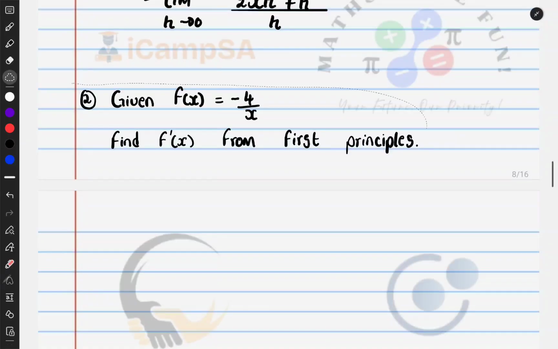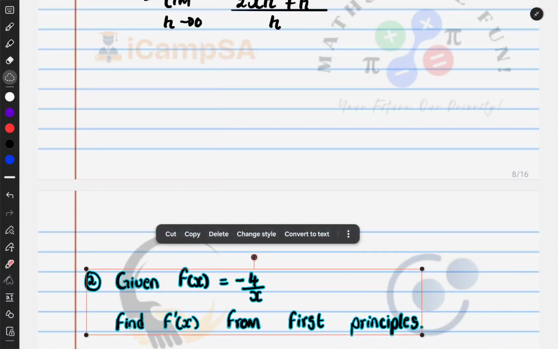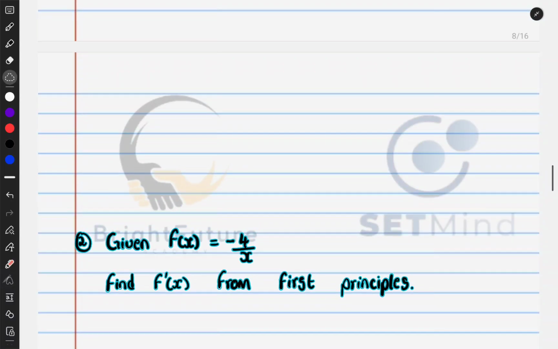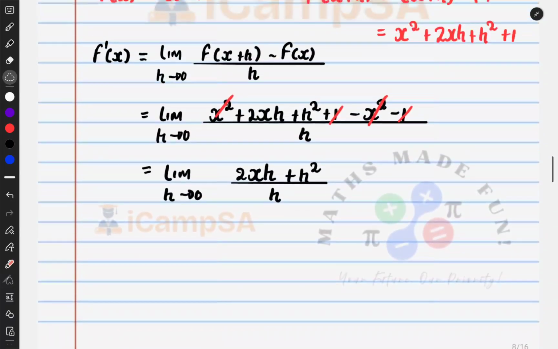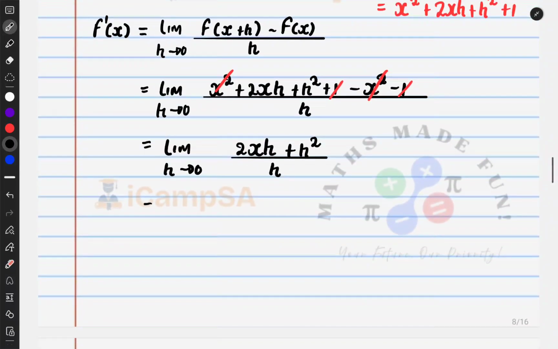And then we can move this one a little bit lower again onto the new page. Okay, now let's come here. We have 2xh plus h squared, therefore we're going to have the limit as h approaches 0. Let's take out the common factor, which is h, and we'll be left with 2x plus h over h.